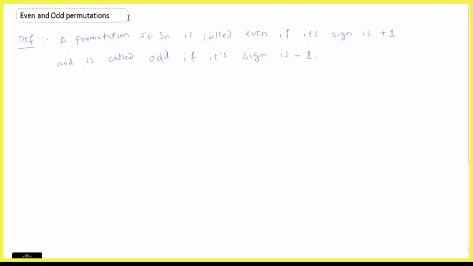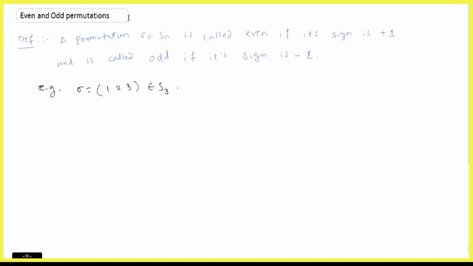For example, consider a permutation sigma equal to (1, 2, 3) belongs to S3.